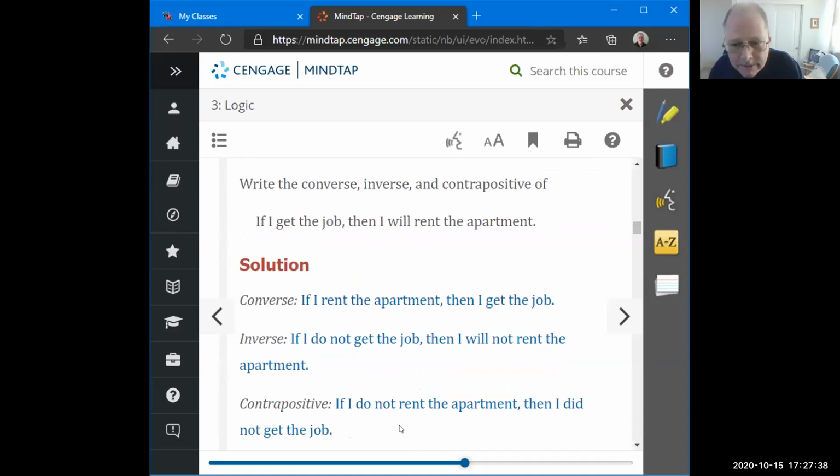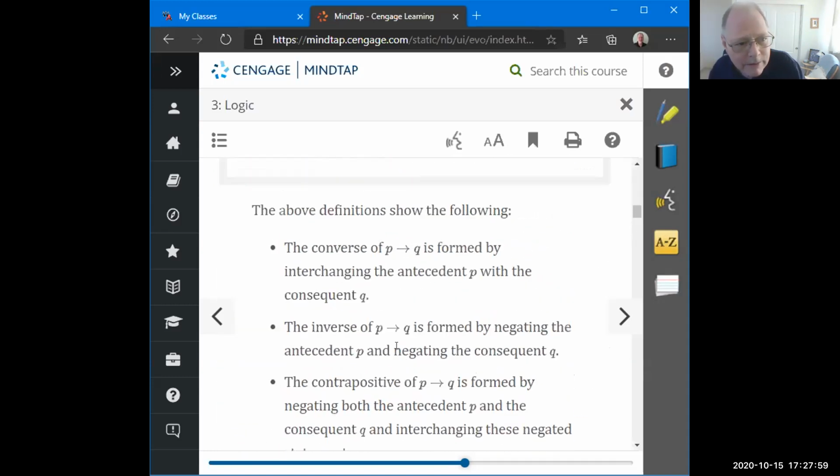So the only way to make that natural and flow for yourself is to just do a bunch of them. It's sort of the transformational grammar in English matching up with the transformations of logical statements.